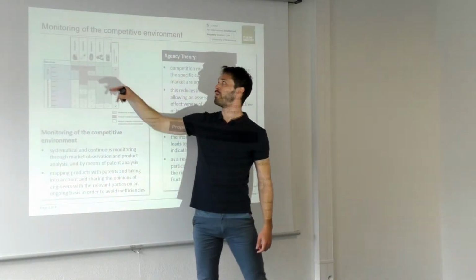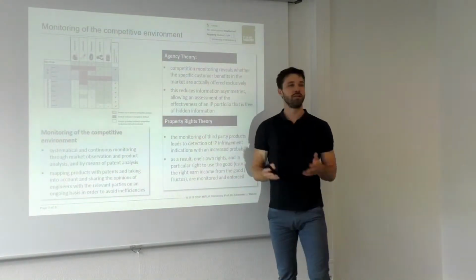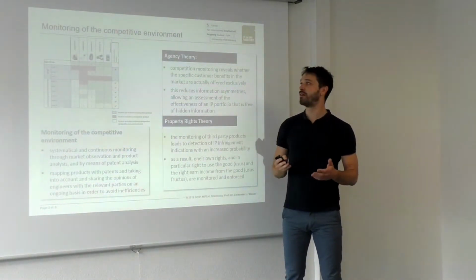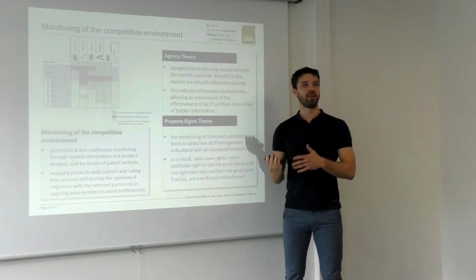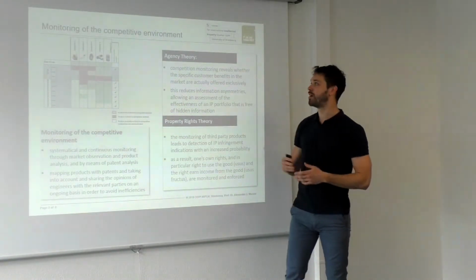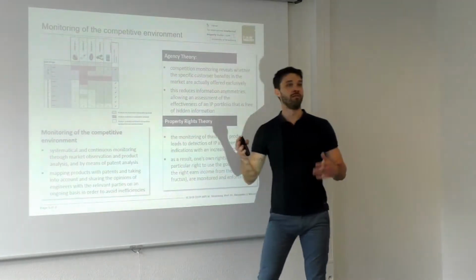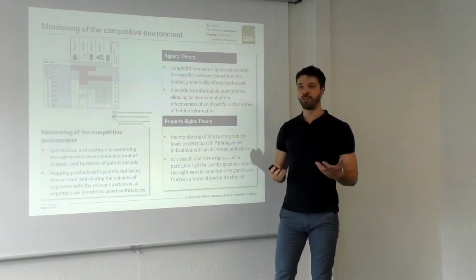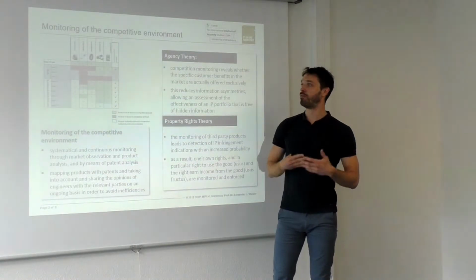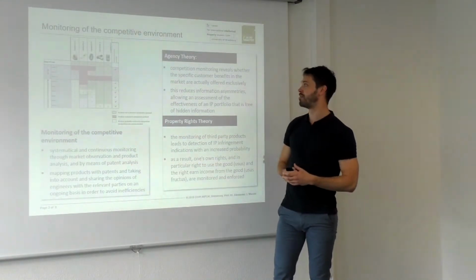And then in the columns we will map for competitors' products if those benefits are implemented or not in the products. And through this mapping we'll be able to determine if there are available exclusivity positions that we will have to cover through our IP strategy.